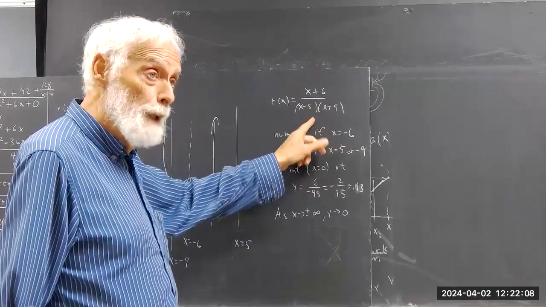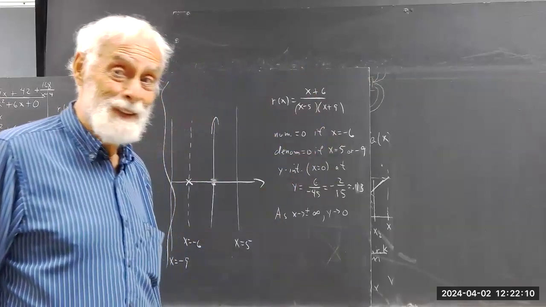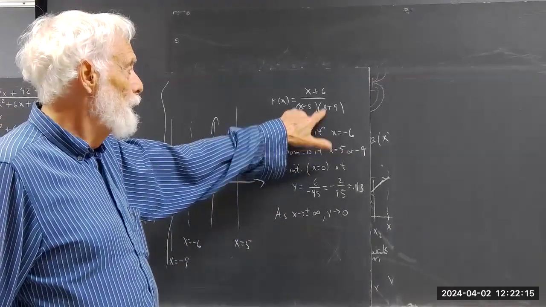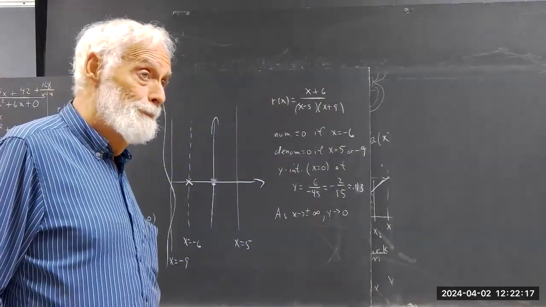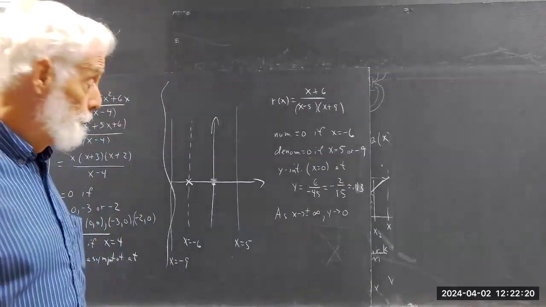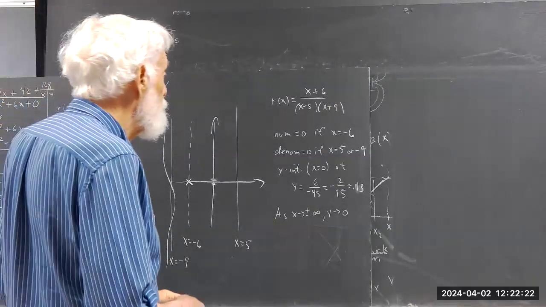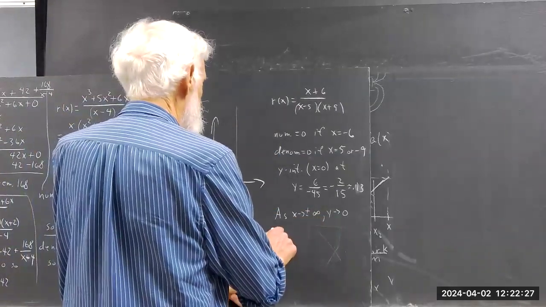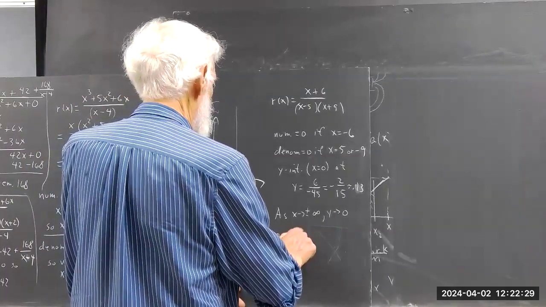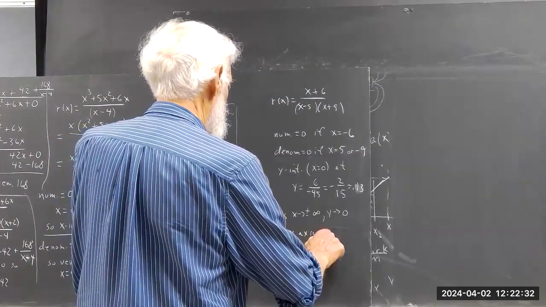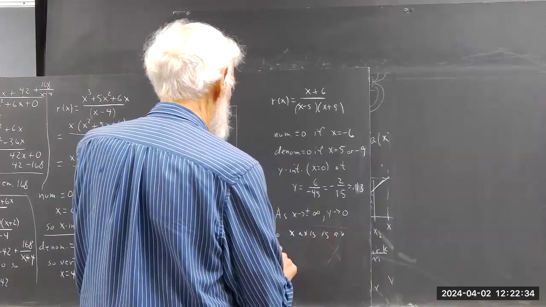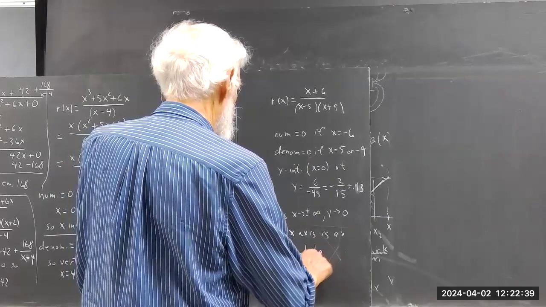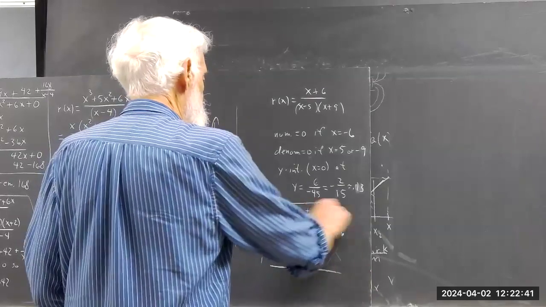Big times big is a lot bigger than big. Think about that. Plug in x equals 100 here, you're going to get a pretty small result. It's going to be about 1/100. Okay? So you know that y approaches 0. The x-axis is an asymptote.